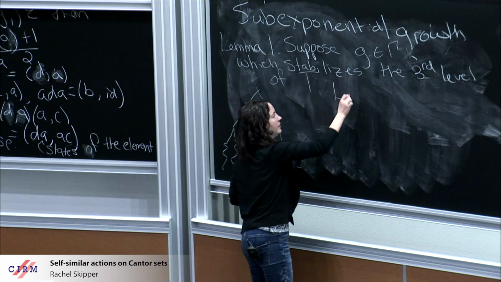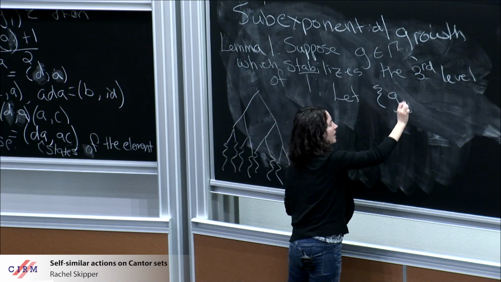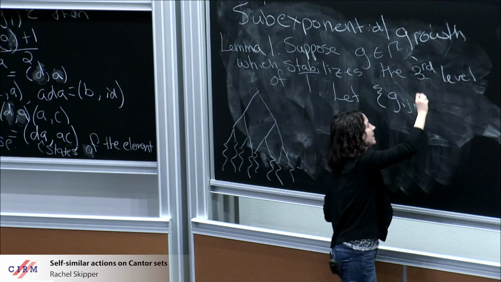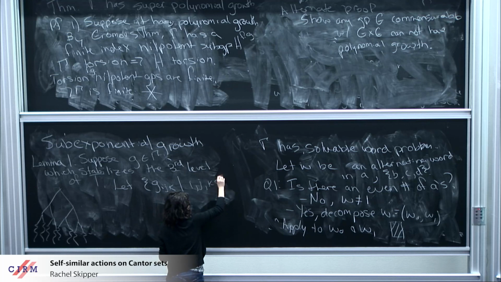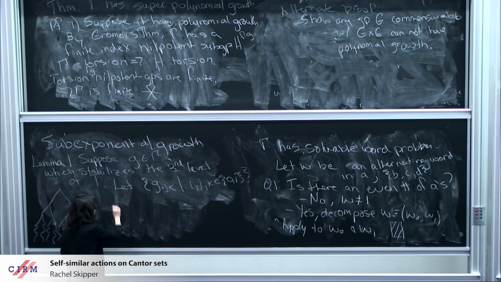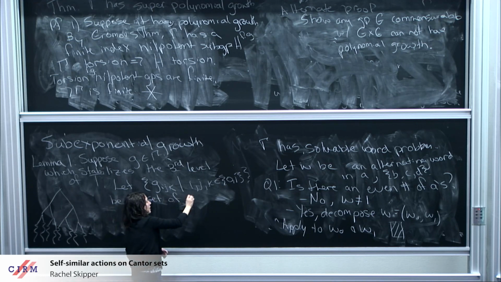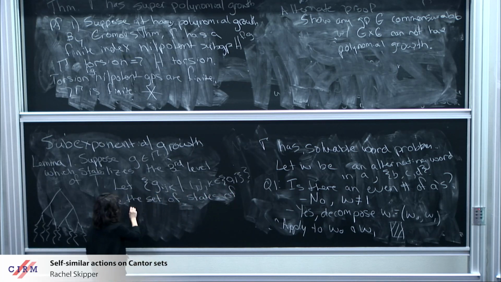So what we're going to do is let G_ijk, where i, j, and k range over the set {0, 1}, be the set of states of G on the third level.